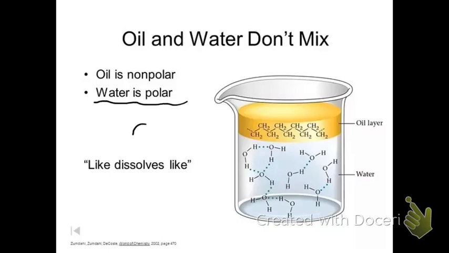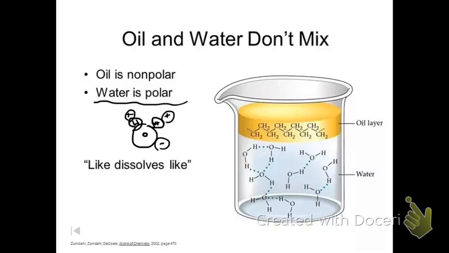We know that if we think about the Mickey Mouse sort of appearance of water, the oxygen is slightly negative in charge and the hydrogens are slightly positive, right? The two hydrogens are slightly positive. So this positive and negative difference causes a polarity in the molecule.